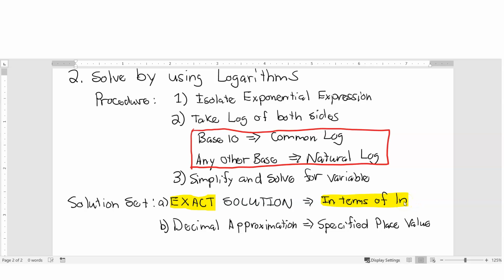The problem can then ask for a decimal approximation, and be sure to follow any instructions on the specified place value to round your answer. So again, you can get an exact solution, which will be some expression that will likely have natural log values in it, and then you can calculate a decimal approximation of that solution if requested.